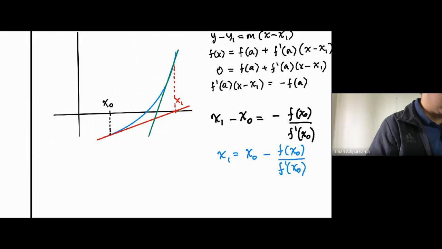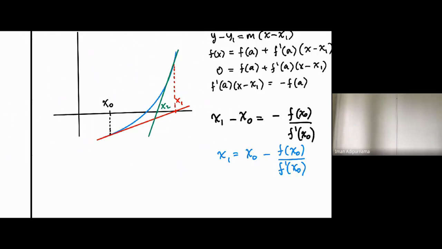Let's say that is our tangent line. Let's say this is x2. And the more iterations we do from x0, we get x1, and then we get x2. Maybe from x2, we get closer and closer to our roots here.